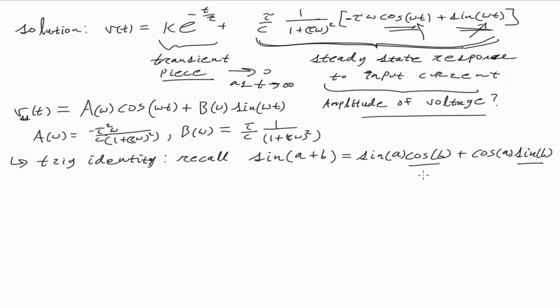So B in this case can be my omega t, and this term right here I'm going to call my A of omega, and this factor is going to be my B of omega. Anytime I see this type of expression, I can express it this way.